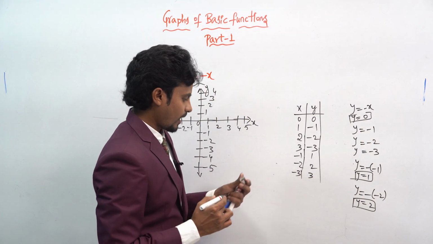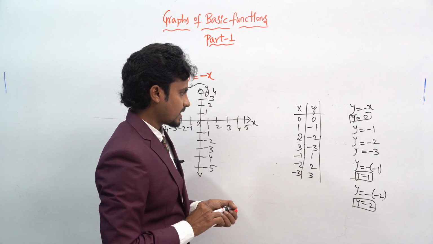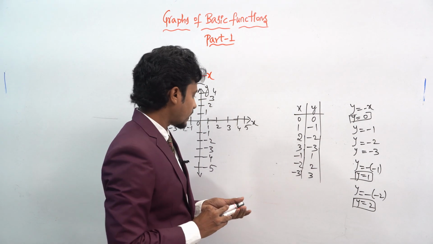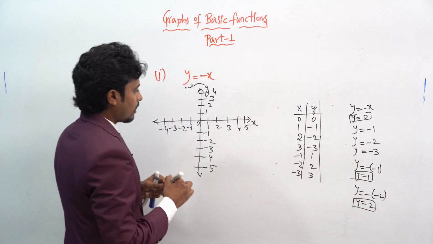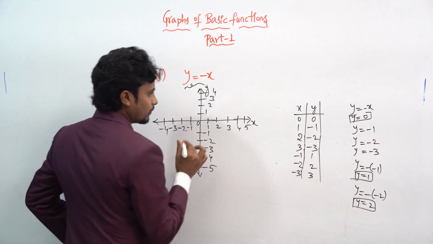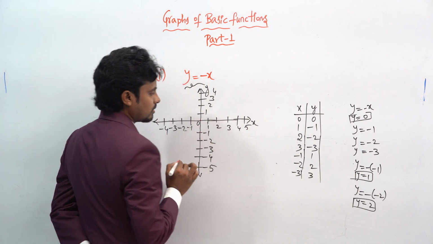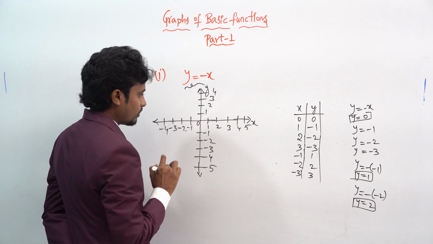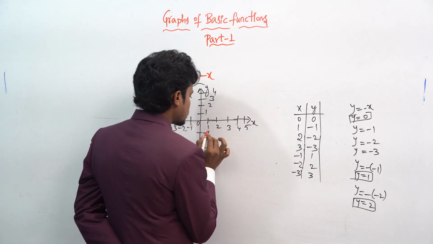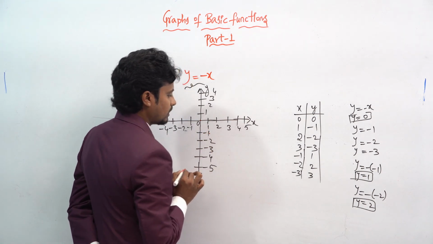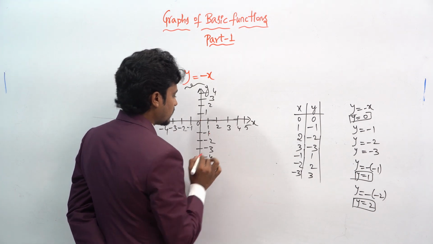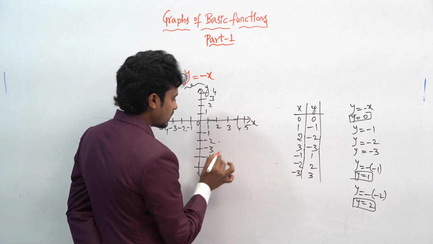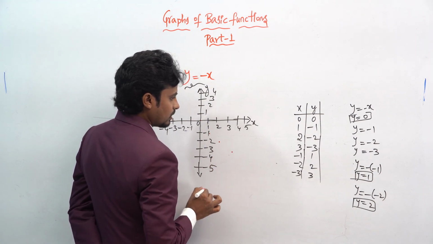Now for this we have to draw the points and connect all of those points, and we will get a straight line. Okay. So here for 0, what will we get? You will get 0, right? Next, for 1, how much will you get? You will get minus 1, this point. Next, for 2, you will get minus 2. Next, for 3, you will get minus 3.